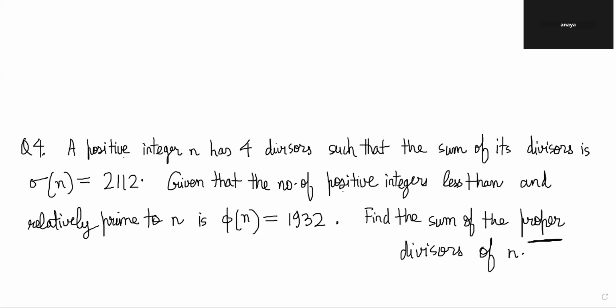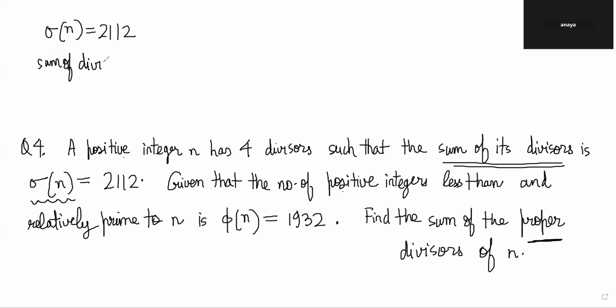Wait, what's the symbol, like the sideways 9, on the n equals 2112? It's just a symbol for sum of the divisors. Oh, okay. Sigma of n stands for the sum of divisors of n.